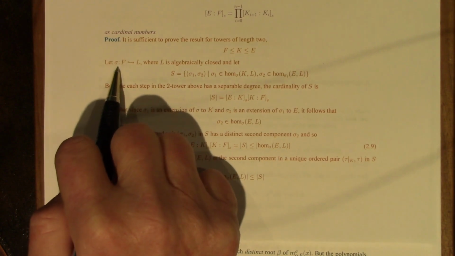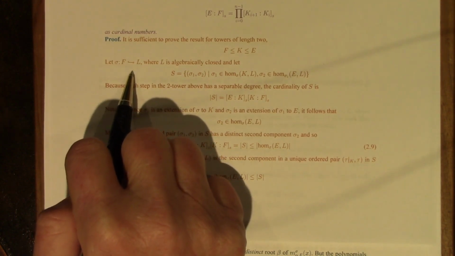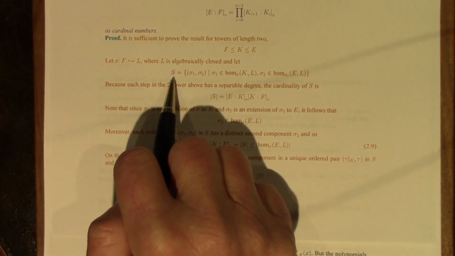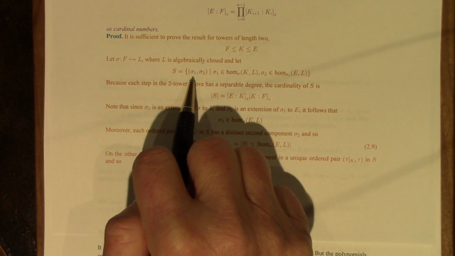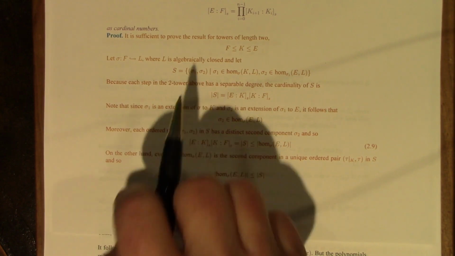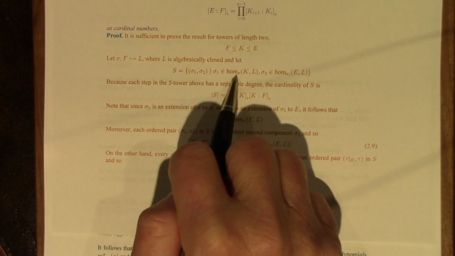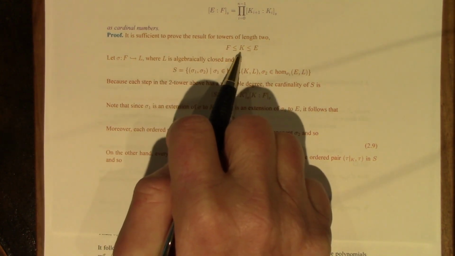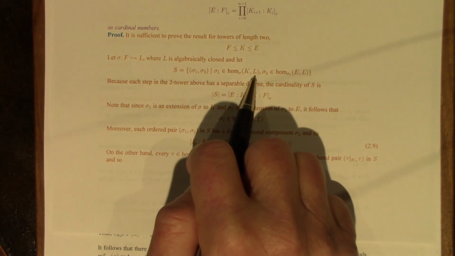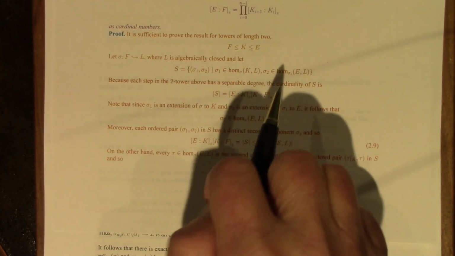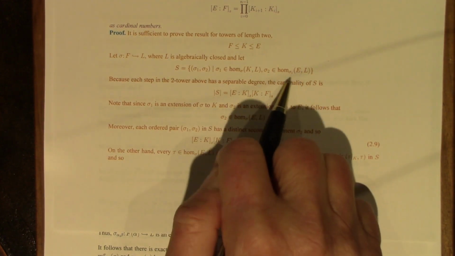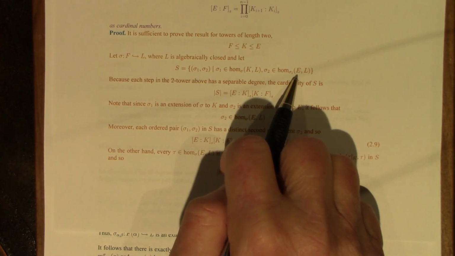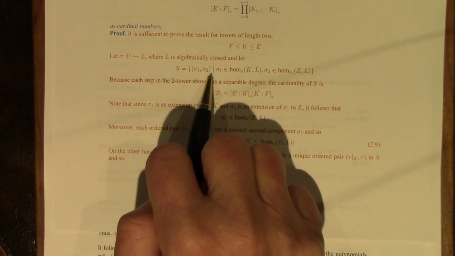So let sigma be an embedding of F into L, again, L algebraically closed, and let S be the set of ordered pairs sigma 1, sigma 2, where sigma 1 is an extension of sigma to the intermediate field K into the same codomain L, and sigma 2 is an extension of sigma 1 to the domain E. So it's a two-step process.